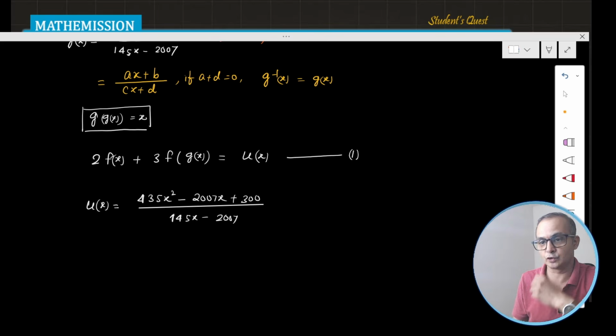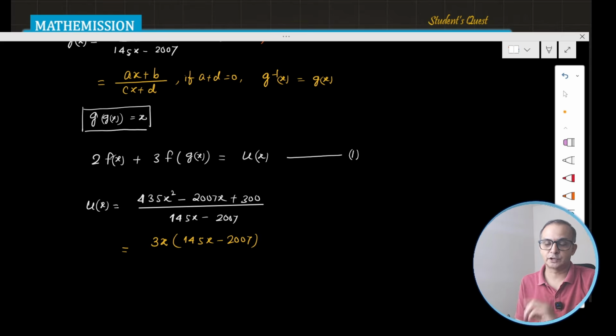So I am writing the first term as 3x times (145x minus 2007), because I want to express the numerator in terms of the denominator. When I multiply this out, I will get 435x squared, but I got thrice of 2007x extra.